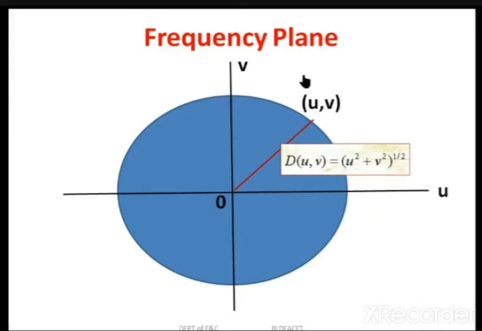Now assume that you have any point on the circle, say u comma v.